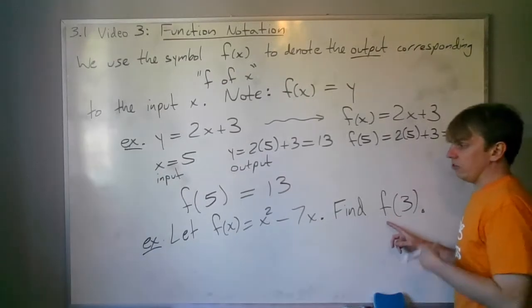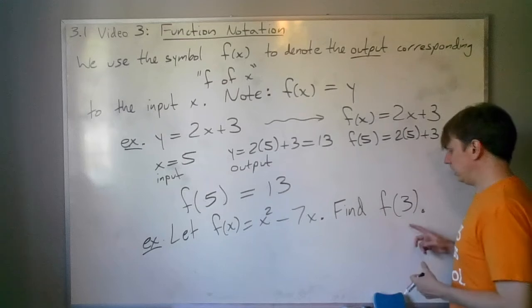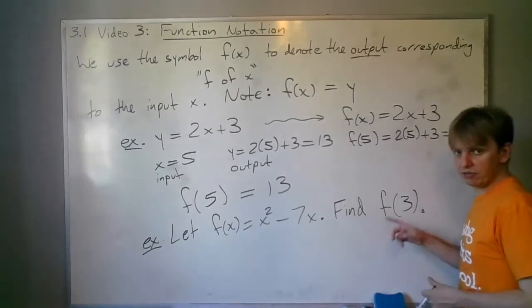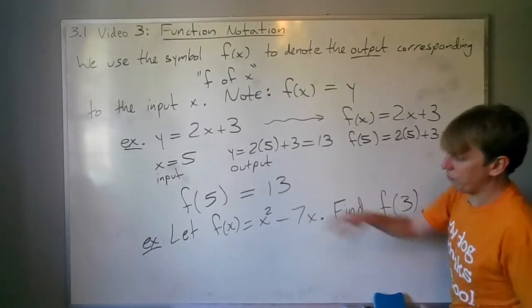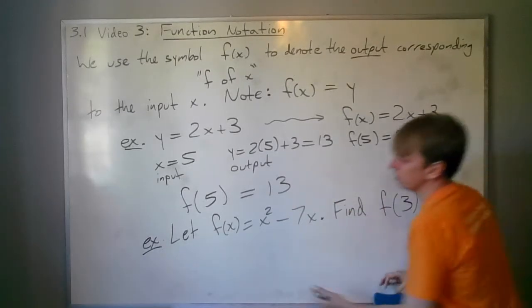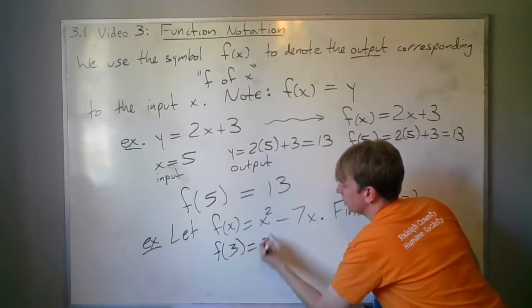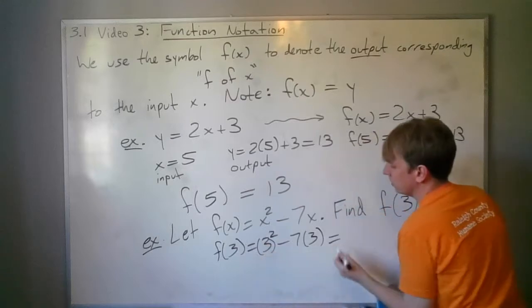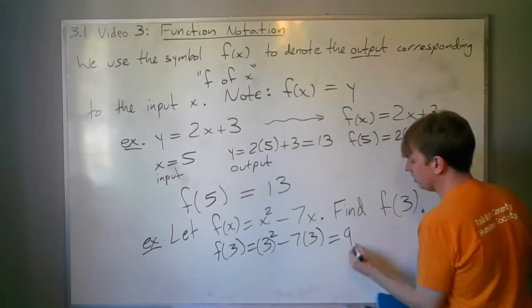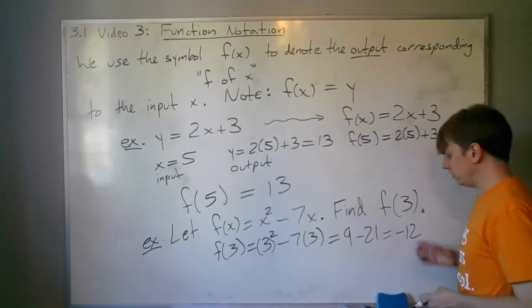F is a function, it's a relationship, it's how do I turn an input into an output, and we're applying it to 3, f of 3. And so that means this is my input that I stick into that formula, which theoretically should be simple. Just everywhere we see x, we stick in a 3. So let's see, 9 minus 21 would be a negative 12. So f of 3 is negative 12.